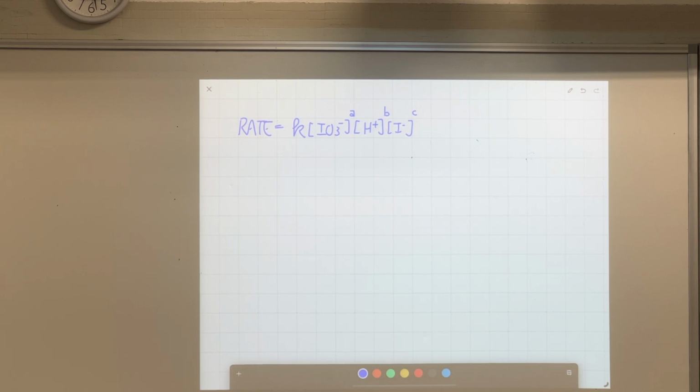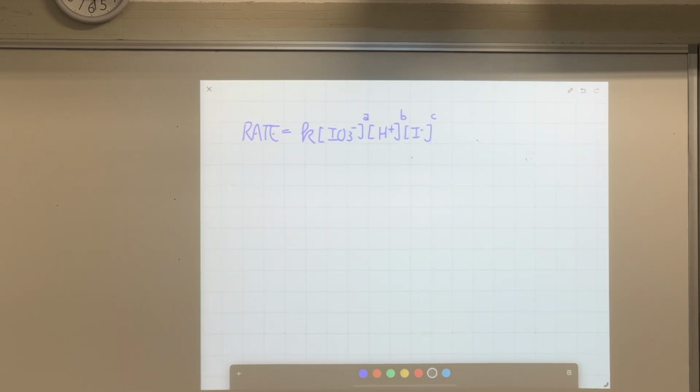Now, can you find 2 trials where 2 of the reactants are constant, but 1 of the reactants is changing? Which 2 trials have 2 of the reactant concentrations equal and just 1 changing? 1 and 2. So when you plug 1 and 2 in here, the equation becomes 0.5 equals k times 0.001 to the power of a, 0.0001 to the power of b, 0.0001 to the power of c.